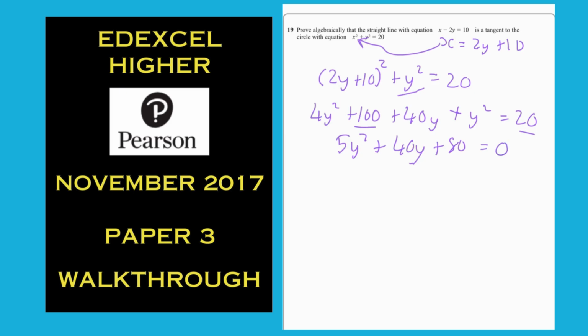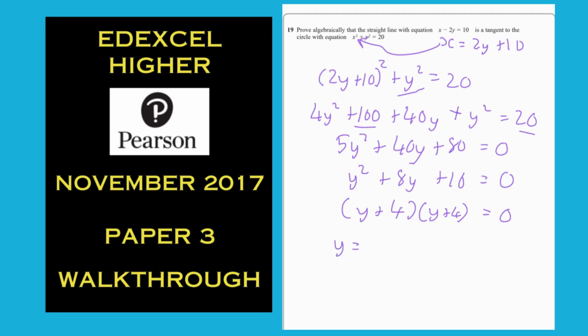This looks like a nightmare to factorize. Nope. Everything is divisible by 5. Gives you a lovely quadratic, because when you factorize this, 2 numbers that multiply to make 16 add together to make 8. Yep, it's 4 and 4.